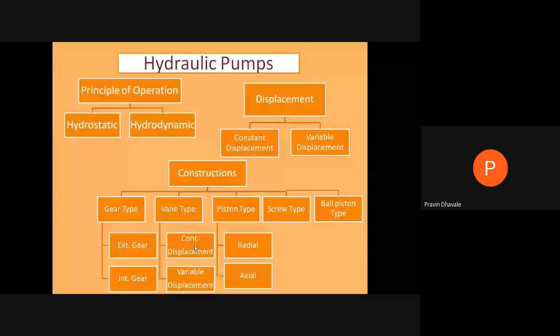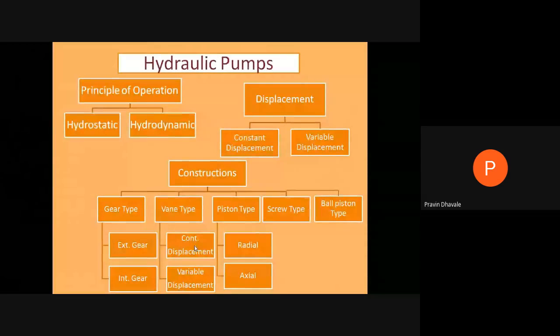the hydraulic pumps. The hydraulic pumps are the devices which are used to convert mechanical energy into fluid pressure energy. So if we consider the working principle, these hydraulic pumps are categorized into hydrostatic pump and hydrodynamic pump.